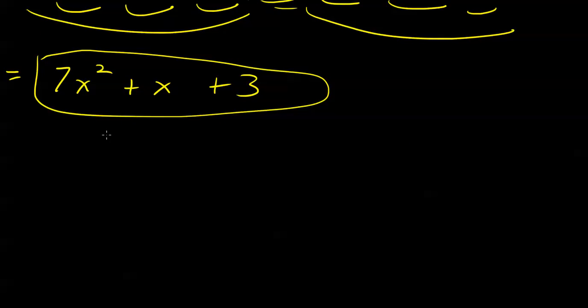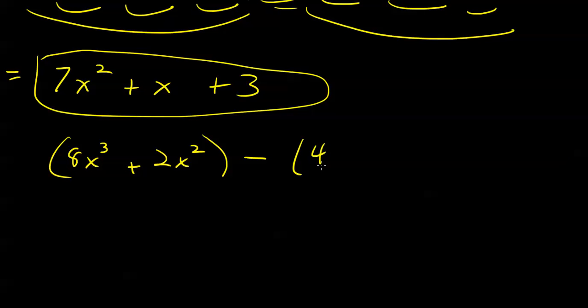Let's talk about subtracting polynomials. Let's say I start out with 8x cubed plus 2x squared. That is a binomial of degree 3. To that, or from that, I'm going to subtract 4x squared minus 3x. This is a binomial of degree 2.